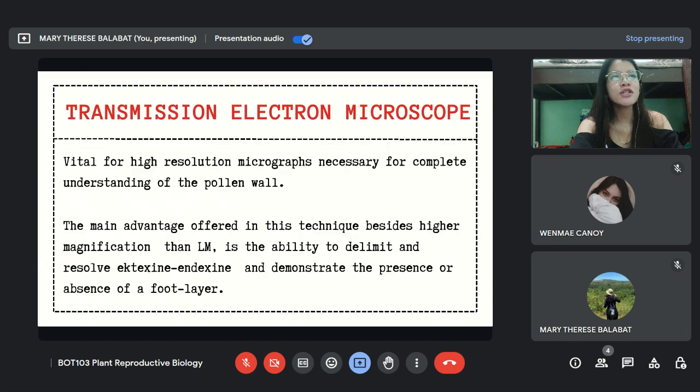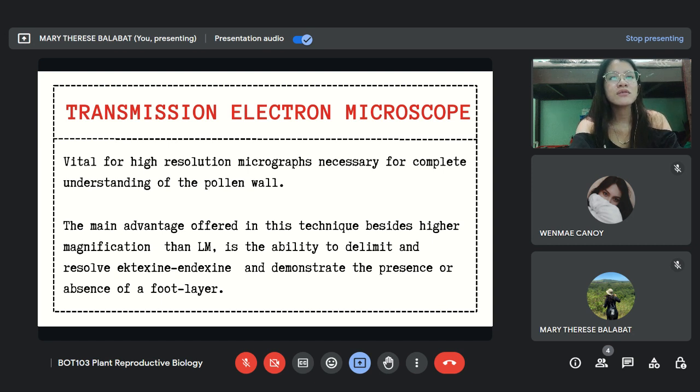So in the transmission electron microscope, it is vital for high-resolution micrographs necessary for complete understanding of the pollen wall. The main advantage offered in this technique, besides higher magnification than the light microscope, is the ability to delimit and resolve ectexine and endexine and demonstrate the presence or absence of a foot layer.